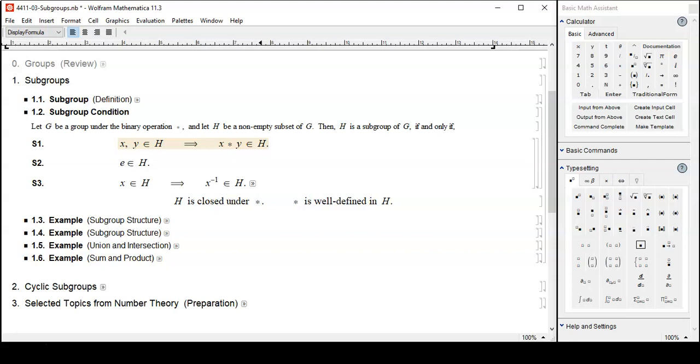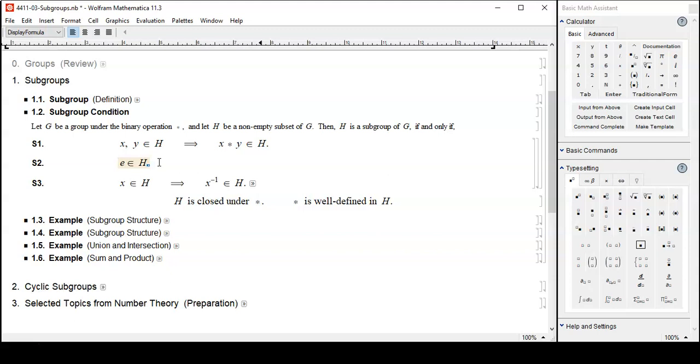H is new. So we have to re-establish everything associated to H. The operation must be well defined in H. Establish that. And then as far as the associativity is concerned, we already know because this is nothing new. Star is nothing new. And as for the identity, E is nothing new. But is it in H? Well, that's new.